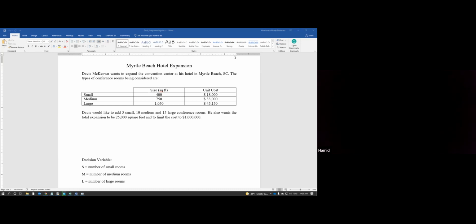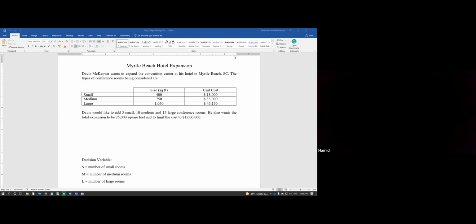So in this case, if you look at Davis' plan, with 5 small rooms, 10 medium, and 15 large rooms, if you do the calculations, you will be over budget, and the square footage would be more than 25,000.